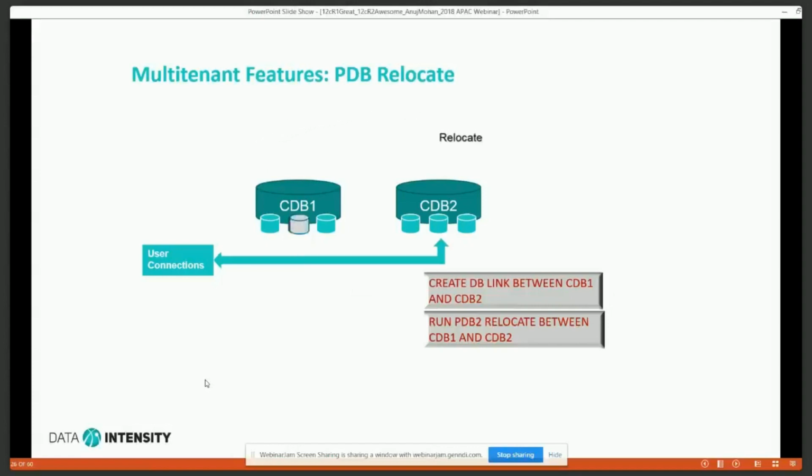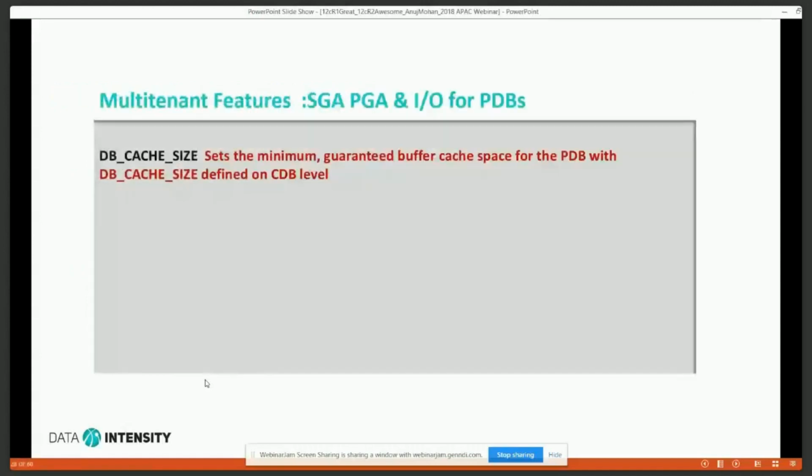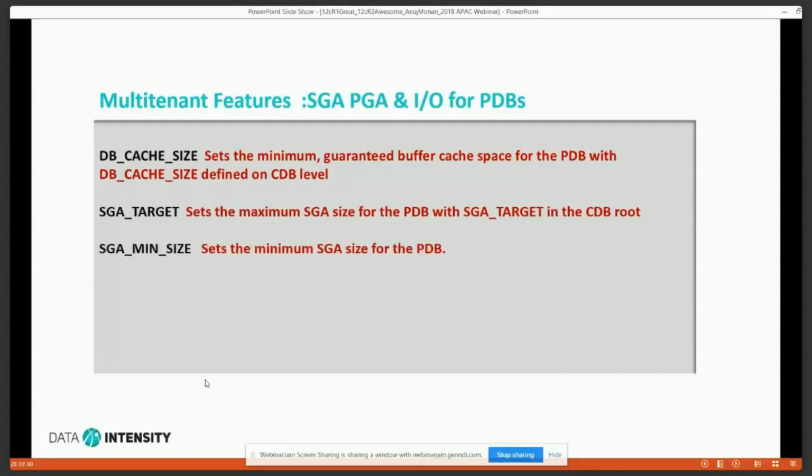It will be relocated to CDB2. Then there were some further controls. If you're running multiple pluggable databases, then you should be able to control the database cache size as your target, as your main size, on a PDB level.